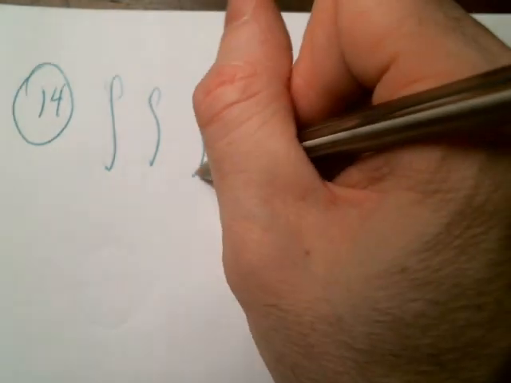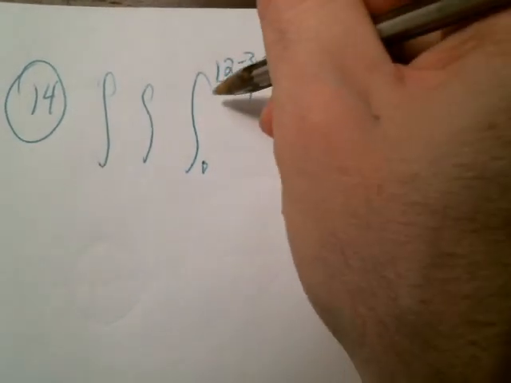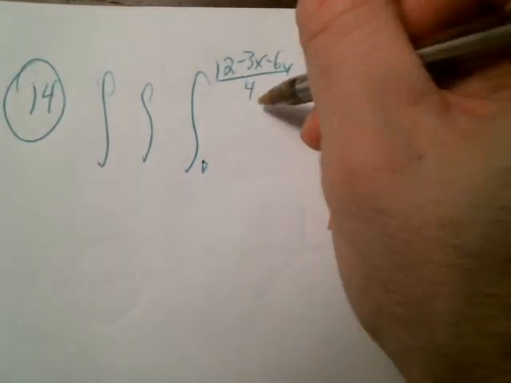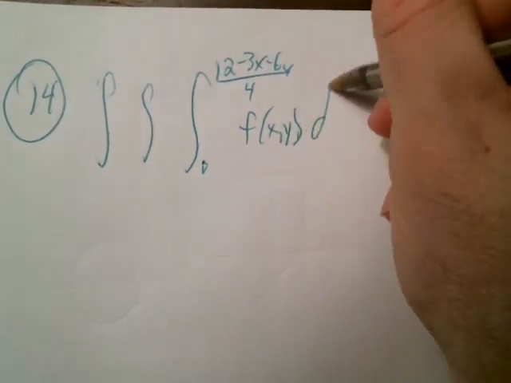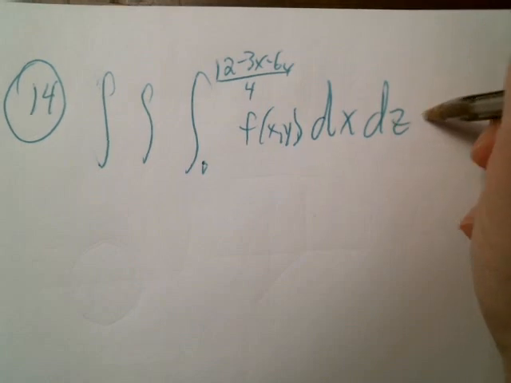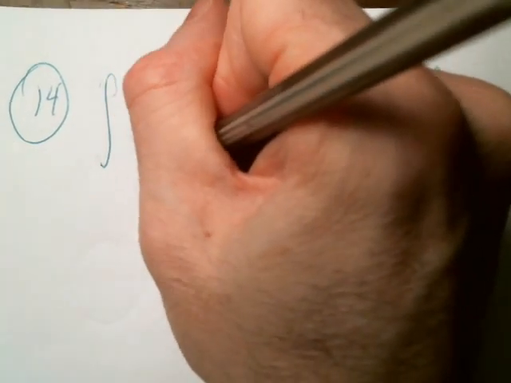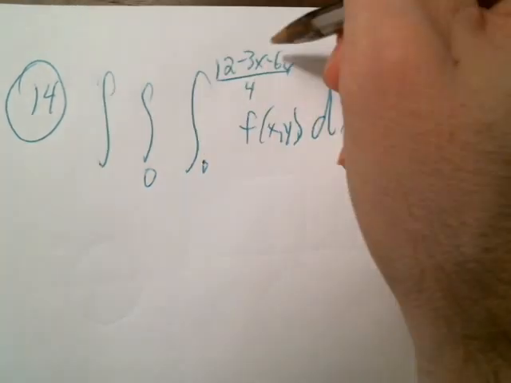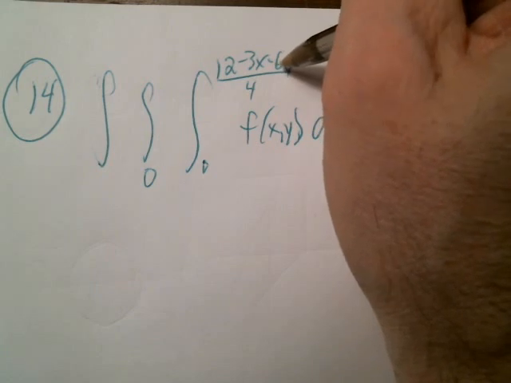So I have from 0 to 12 minus 3x minus 6y all over 4. So that's going in, so there's f of x, y, dx, dz, dy. Okay, and then I have 0 to 12 minus 3x minus 6y all over 4.